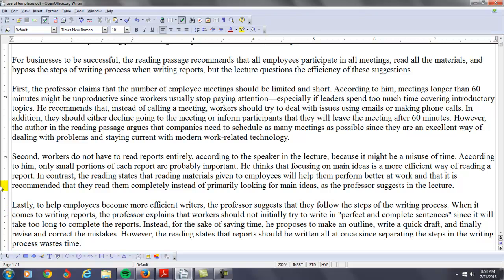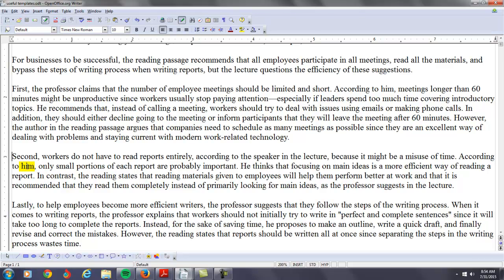Second, workers do not have to read reports entirely according to the speaker in the lecture because it might be a misuse of time. According to him, only small portions of each report are probably important. He thinks that focusing on main ideas is a more efficient way of reading a report.